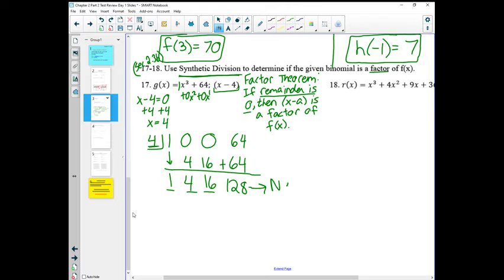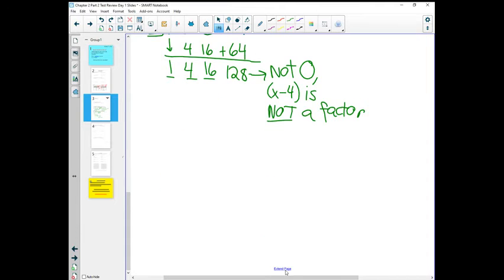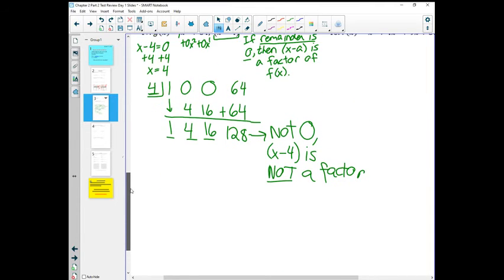Since this remainder is not 0, x minus 4 is not a factor. I'll move that up so you guys can see that a little bit better. Since this remainder was not 0, x minus 4 is not a factor of that polynomial.